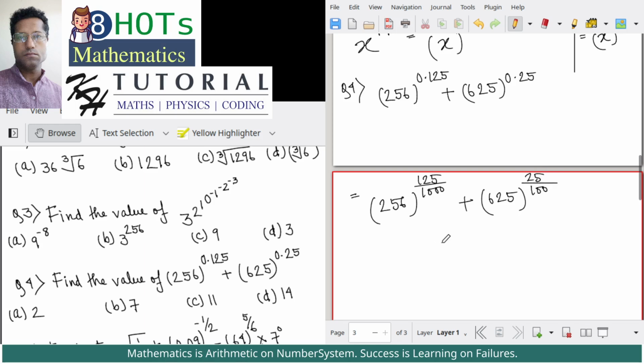Okay. Now we can simplify the rational powers.